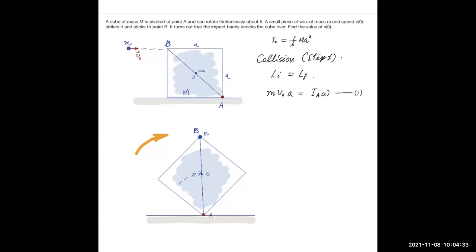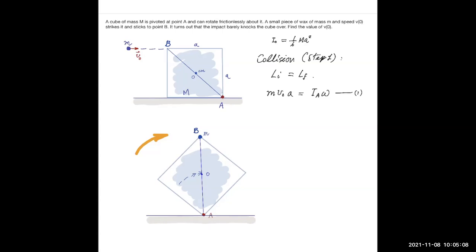Well, obviously, you can no longer use conservation of angular momentum, because during the rising process, the gravitational force exerted on both the piece of wax and the cube will provide external torque at point A. Also you cannot use conservation of linear momentum for the same reason, because there is an external force at point A. As a matter of fact, as it rises, it will gradually slow down, so it's going to lose angular momentum, and it's also going to lose linear momentum.